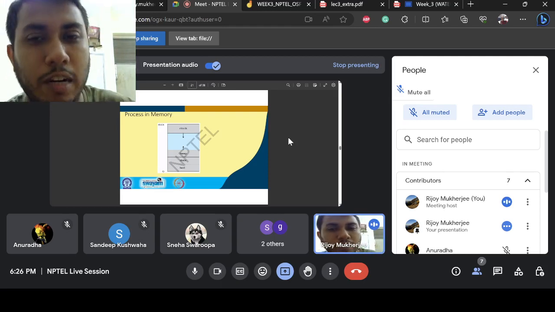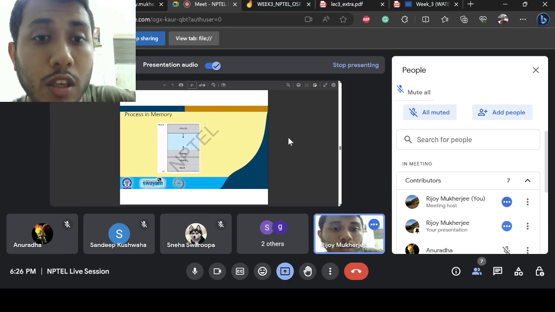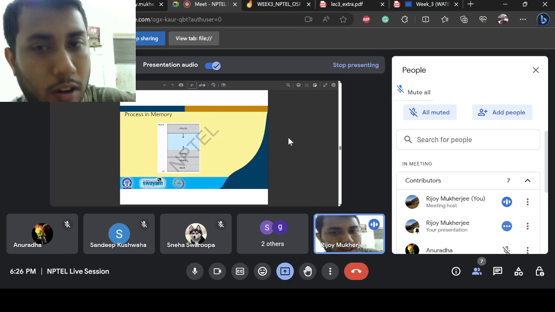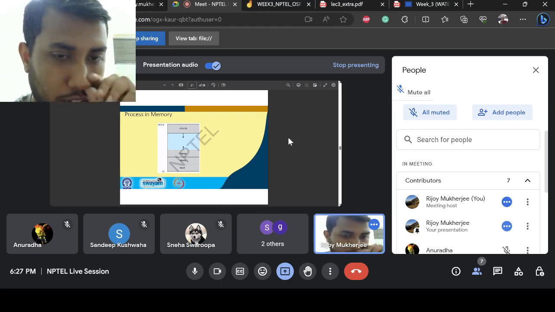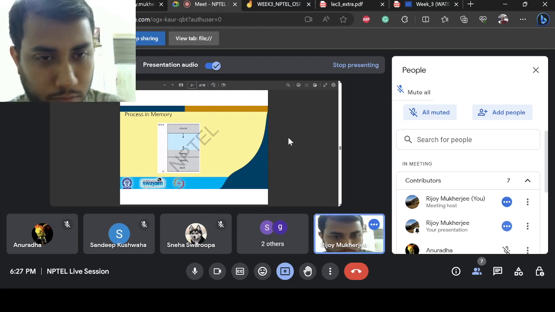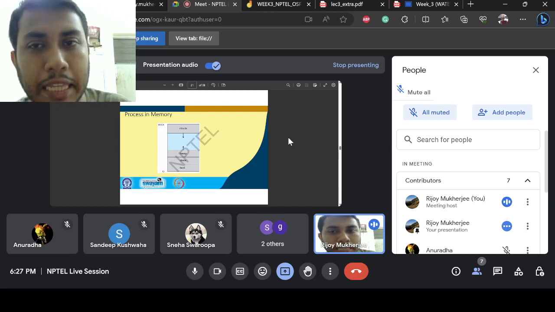What is a heap? When you write C code, you may have used malloc and calloc. That is the piece of memory from which your program can access dynamic memory. That is your heap. And then there is your stack.